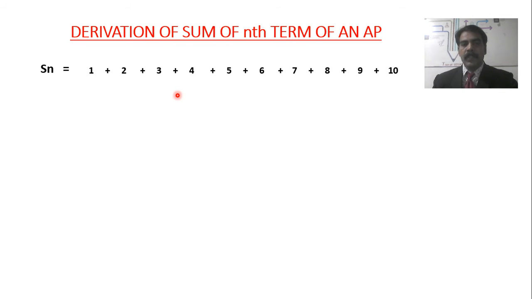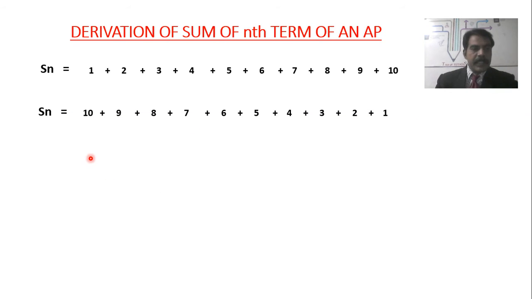Is that clear? So let us consider the same numbers in the reverse order. See, this is a smart way of thinking. Now we have arranged the numbers in the reverse order, and if you observe this, I am going to make the pairs 1 and 10, 2 and 9, 3 and 8 and so on, 10 and 1.